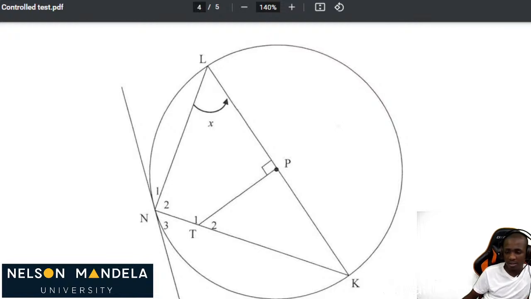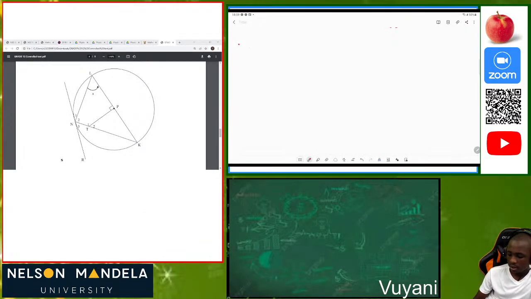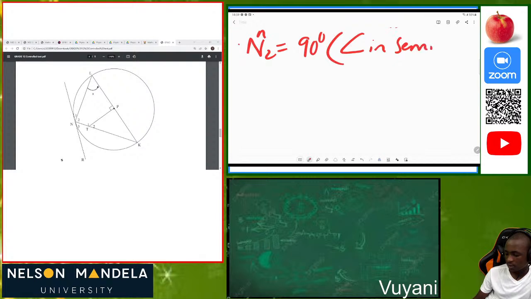Okay, that one is not hard because we are told that LK is a diameter. So we can now conclude that angle N2 is equal to 90 degrees. Why? The reason is angle in semicircle. And you already see that it's 90 degrees.